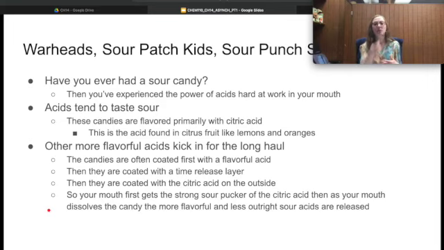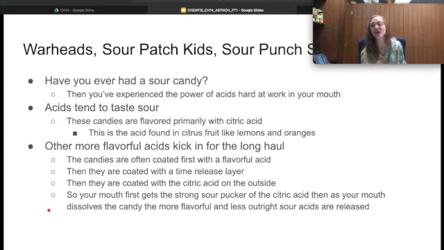So when you put it in your mouth, you're going to get that strong sour pucker right away of the citric acid, but as your mouth starts to dissolve the candy, work through all the citric acid, work through that time-release layer, you get some of the more flavorful and less outright sour acids released. I think the actual hard candy Warheads are a great example of how they've made candies and used some of these chemical techniques to create an experience while you're eating your candies.